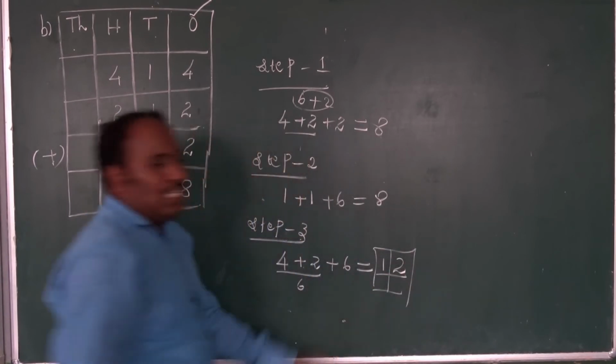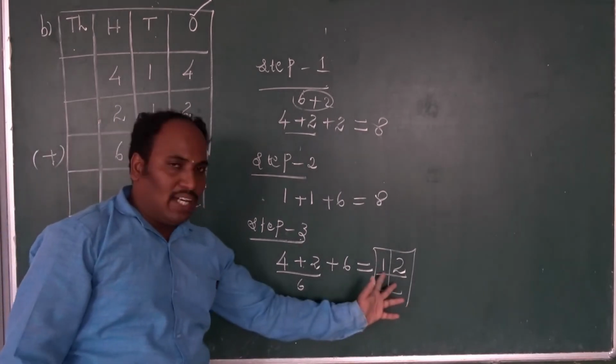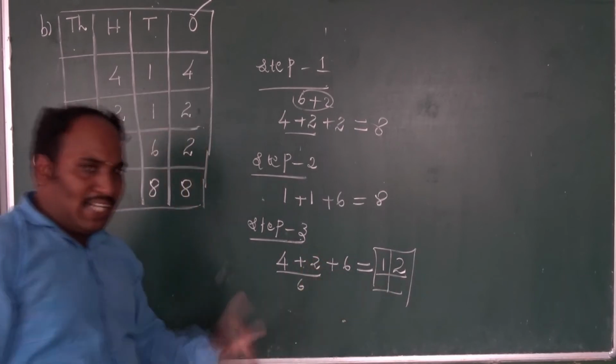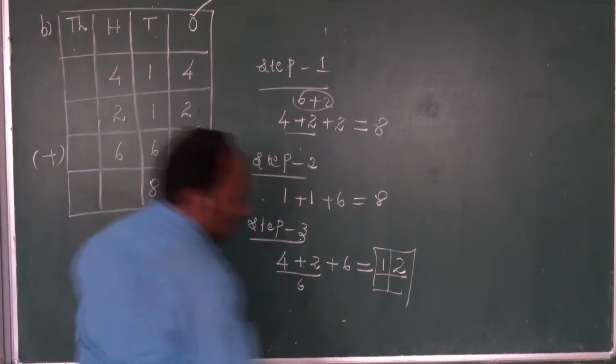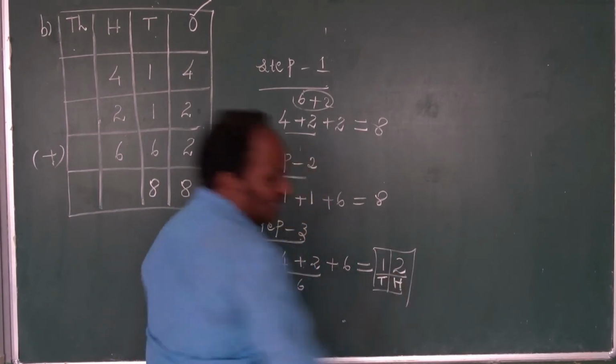So 12 hundreds. 10 hundreds is equal to 1000. So 1000, balance 2 hundreds.